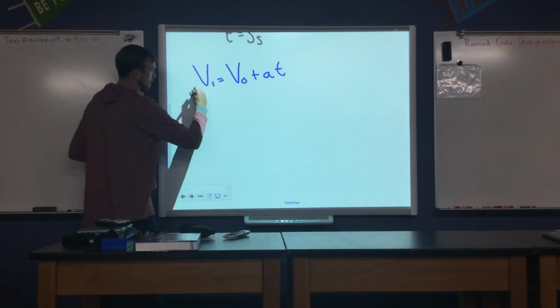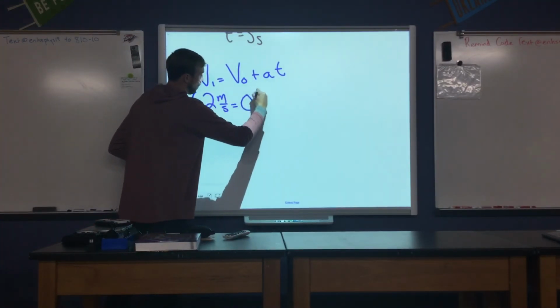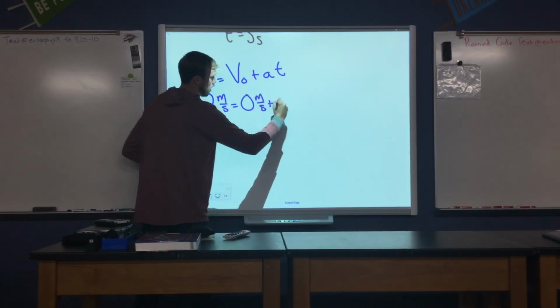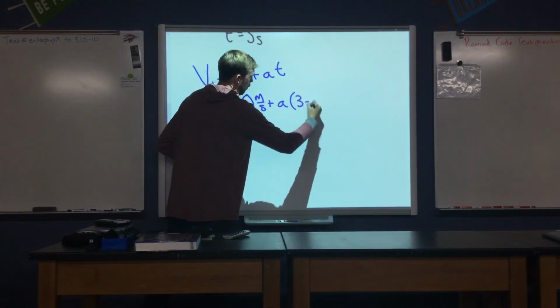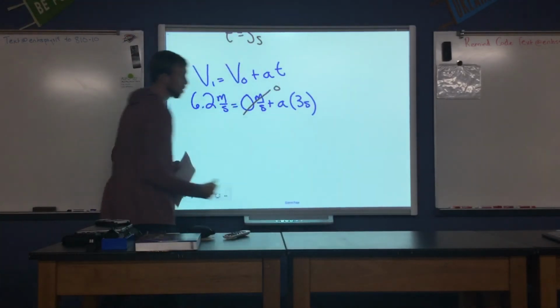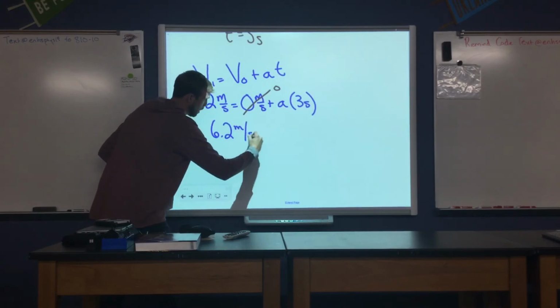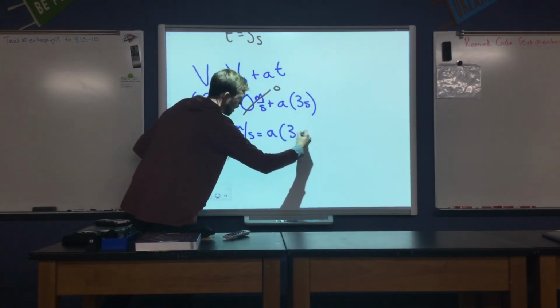v1, our final velocity, was 6.2 meters per second, which is equal to 0 meters per second, start from rest, plus acceleration times the time of 3 seconds. So this value is 0. Our equation can now be rewritten as 6.2 meters per second is equal to acceleration times 3 seconds.